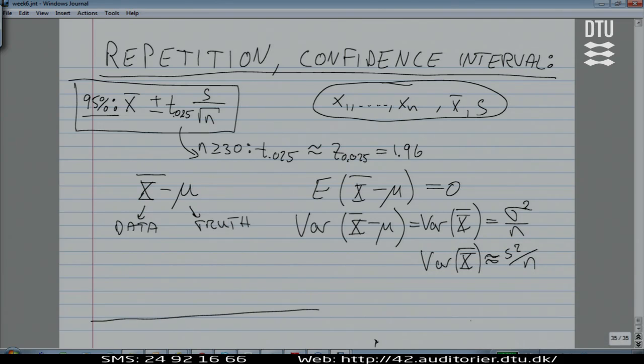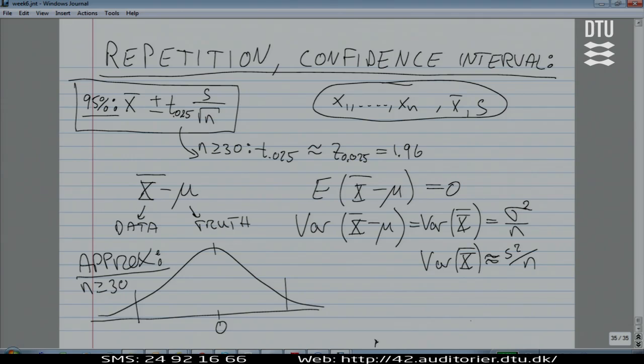So this is why the error that I make in using x bar for mu is something that is spreading from minus to plus with a standard deviation of approximately, now I say approx here, at least if n is at least 30, let me use that as the example here, then we already know, and that's the big news, there's the central limit theorem, where we can use the normal distribution or the t-distribution for this variability.